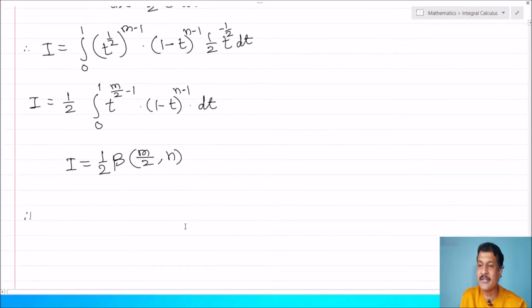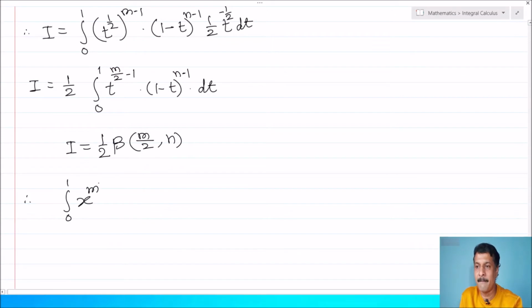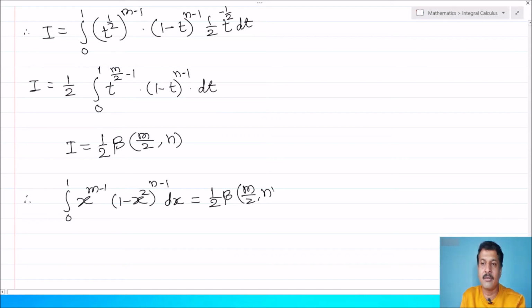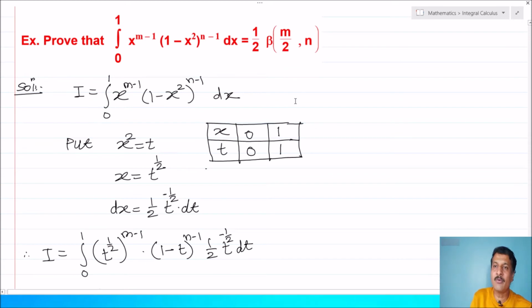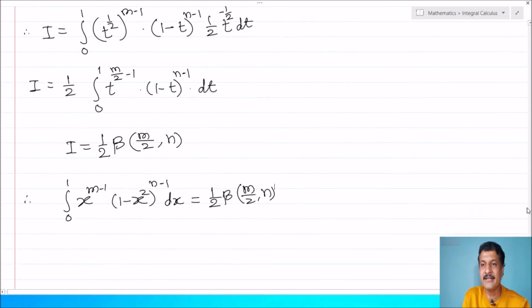I is the integration from 0 to 1 of x raised to m minus 1 and (1 minus x square) raised to n minus 1 dx, and that is equal to 1 by 2 beta of m by 2 comma n. What we want to prove? You have to prove the same, right? So that is your required answer.